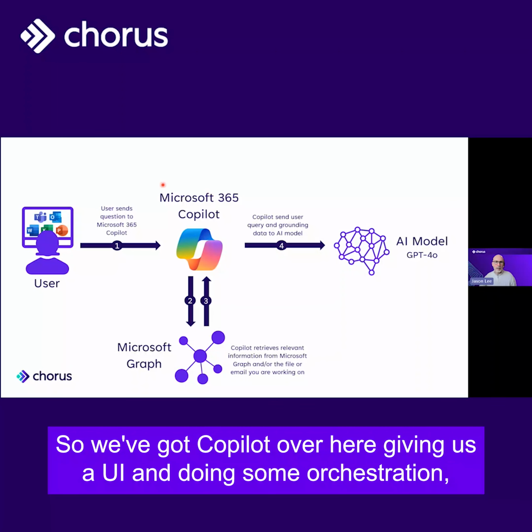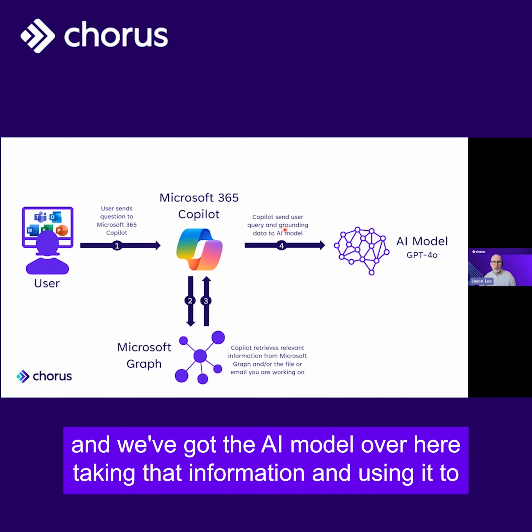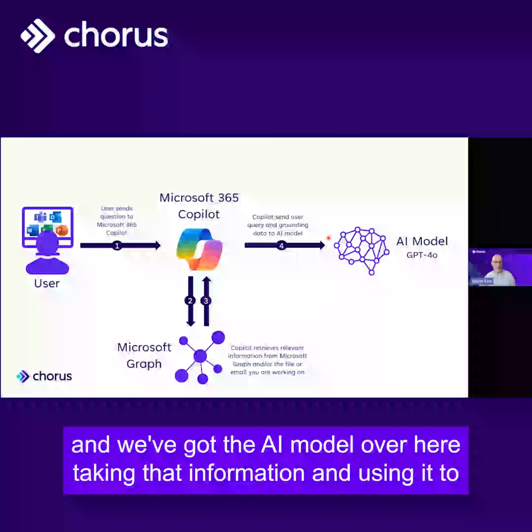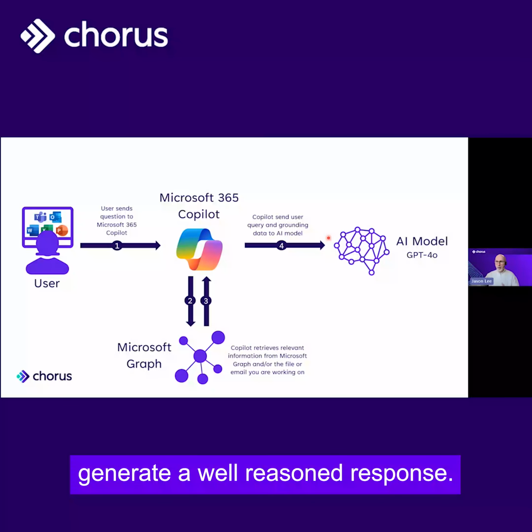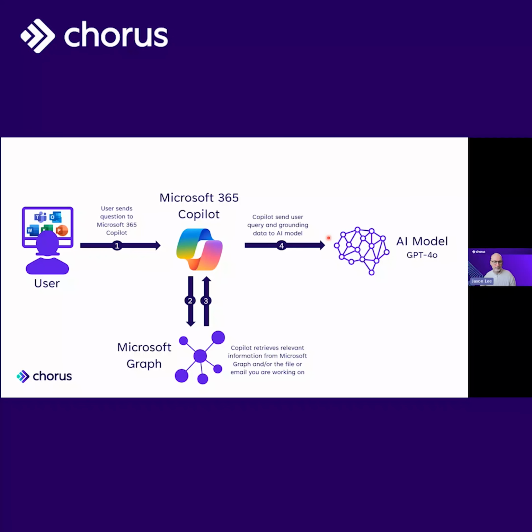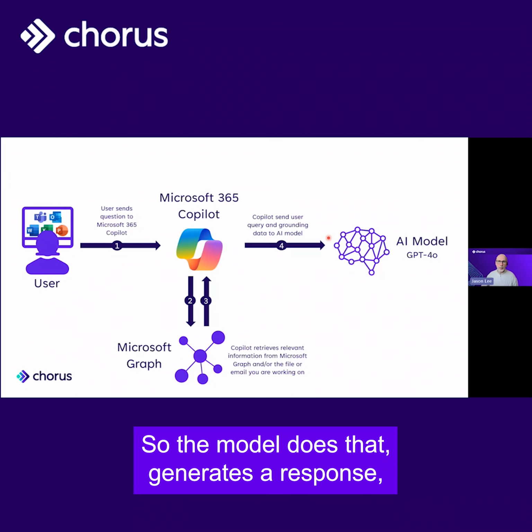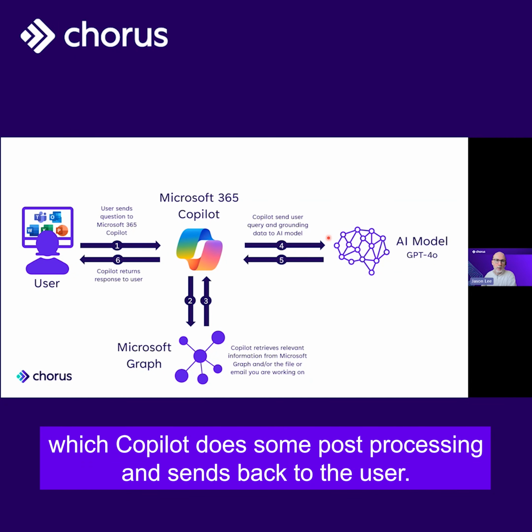So we've got Copilot over here giving us a UI and doing some orchestration. And we've got the AI model over here taking that information and using it to generate a well-reasoned response. The model does that, generates a response, which Copilot does some post-processing and sends back to the user.